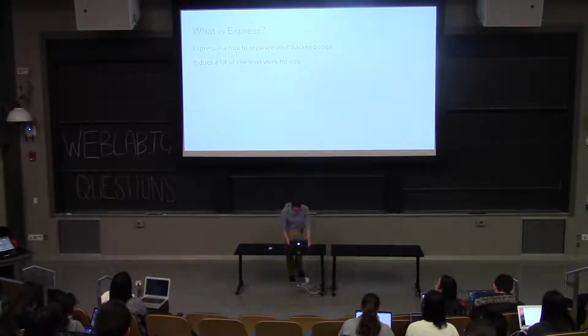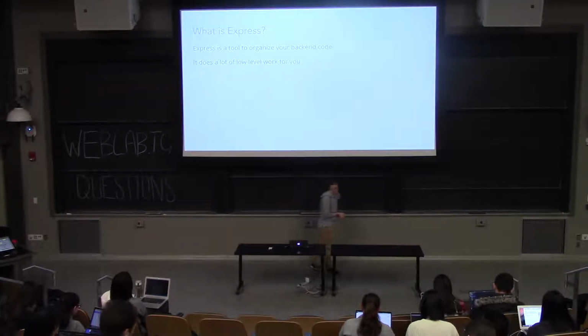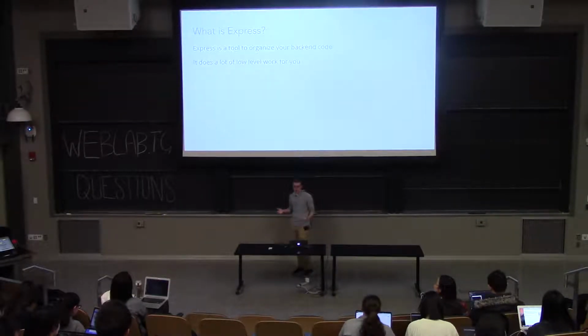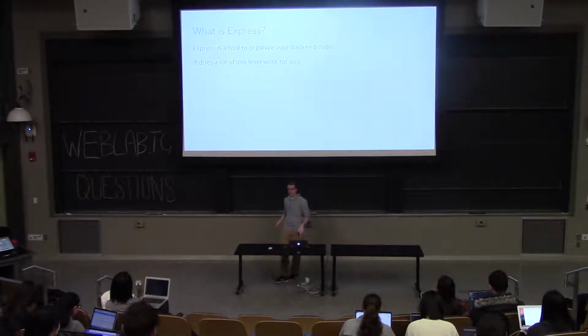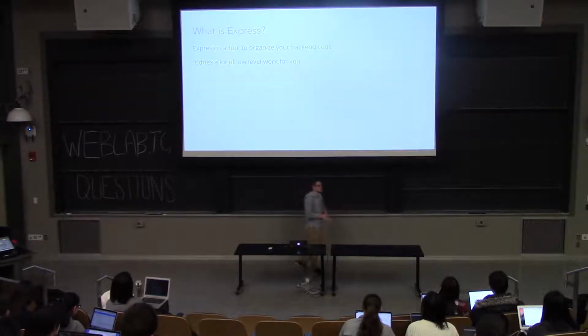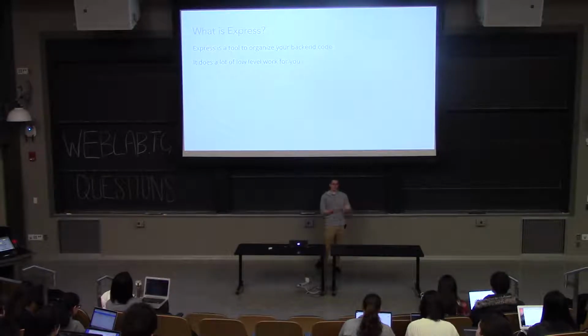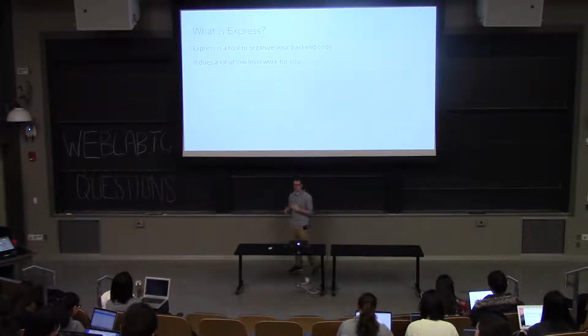All right, the next thing is, what is Express? I've mentioned it a couple of times and said it's going to make our life easier, but what actually is it? It is a framework for Node backend code. Basically, it's a tool to keep your backend code organized. Express is going to let us easily move and manipulate our files, pass them around, and handle a lot of the server logic.